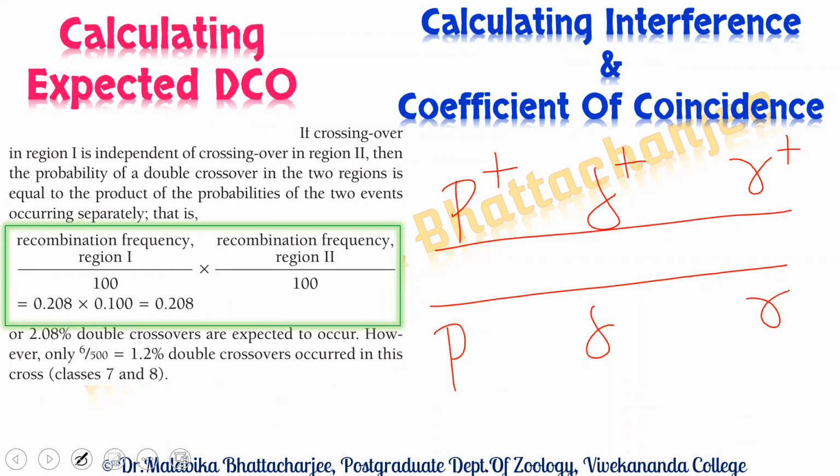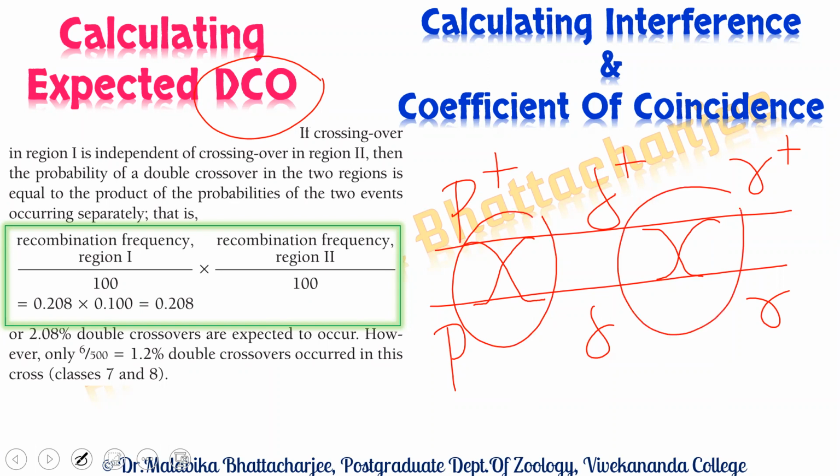Whenever there is a double crossover event, crossing over is occurring between P and J, and at that given moment, crossing over is occurring between J and R. We just now understood that we calculate the expected DCO considering that this crossover event is independent of that crossover event.